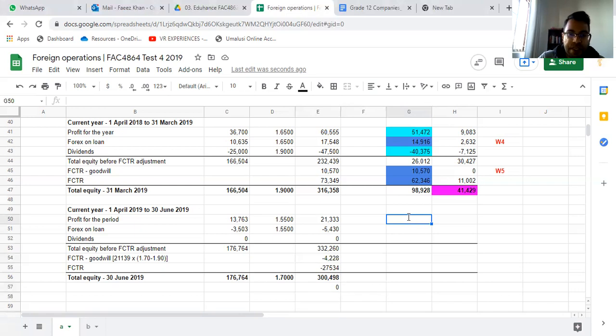85, 15. So this is going to be that times 85%, and this is going to be equal to that times 15%. So now I can just drag this down.